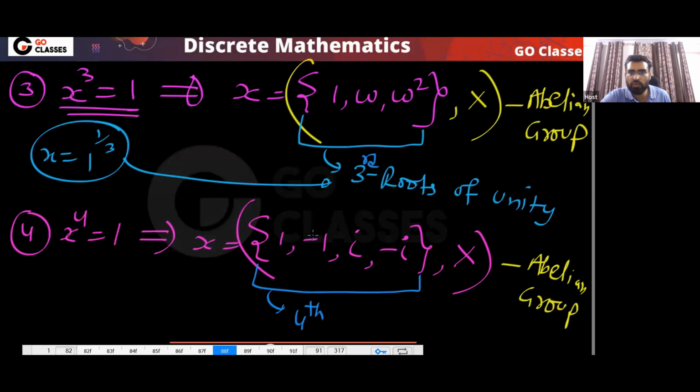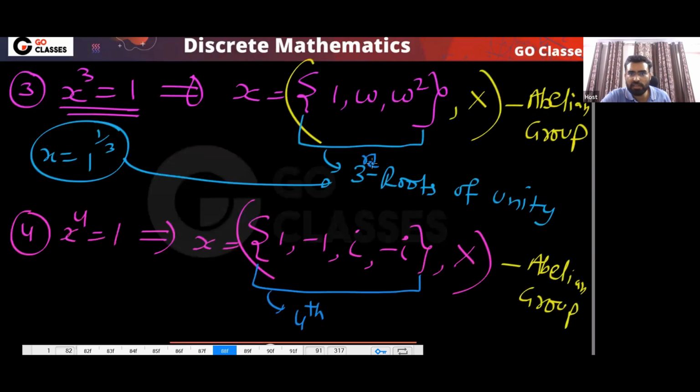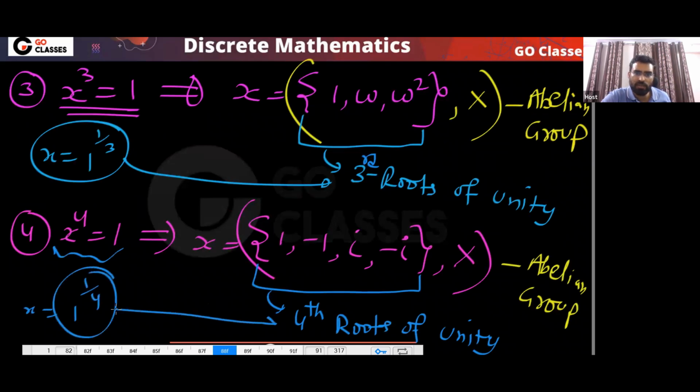These are the second roots of unity, these are the third roots of unity, and these are the fourth roots of unity, because x is equal to 1 power 1 by 4. That is the reason we call them fourth roots of unity.